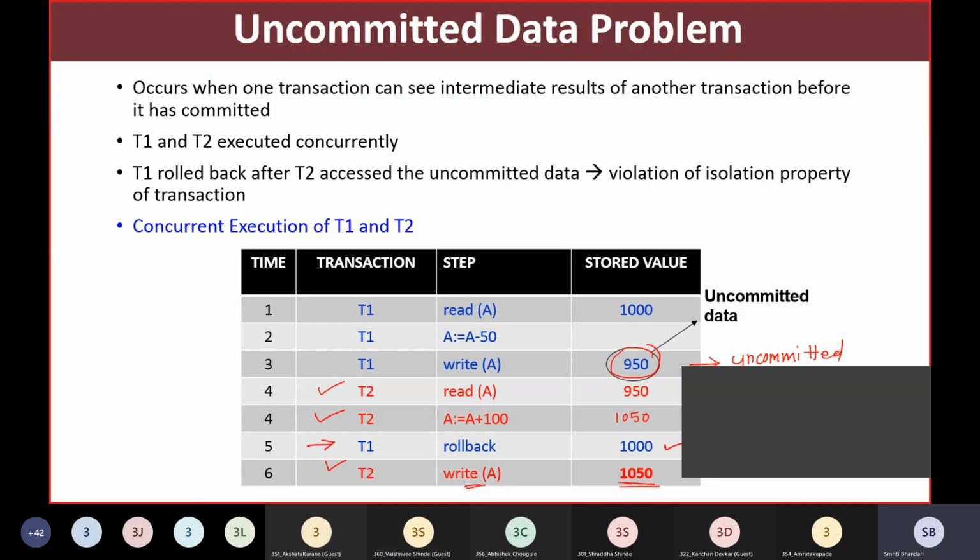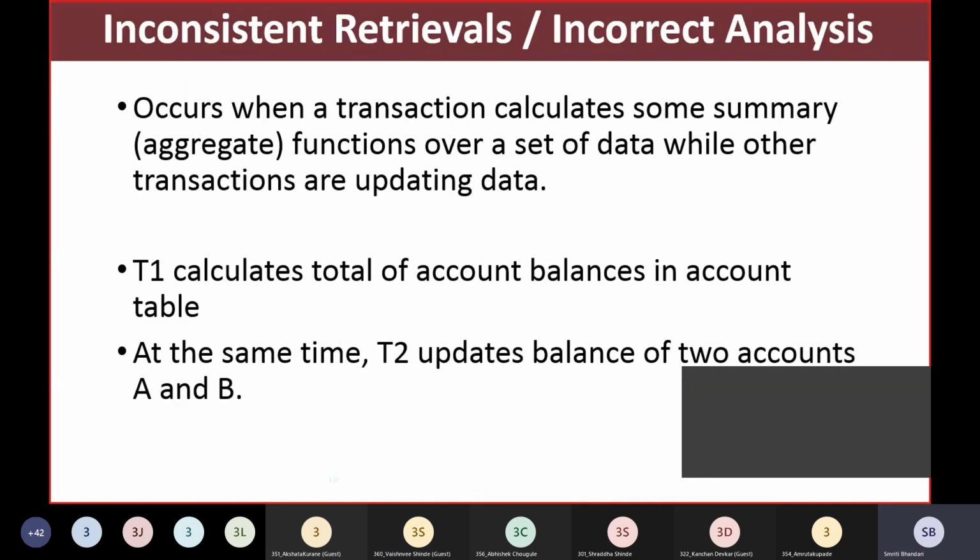Yes, ma'am. Right. So let us go to the third problem that we have listed. And this third problem is inconsistent retrievals or incorrect analysis. Right? So this problem occurs when a transaction calculates some kind of summary or aggregation over the set of data, while the other transaction are updating the same data.